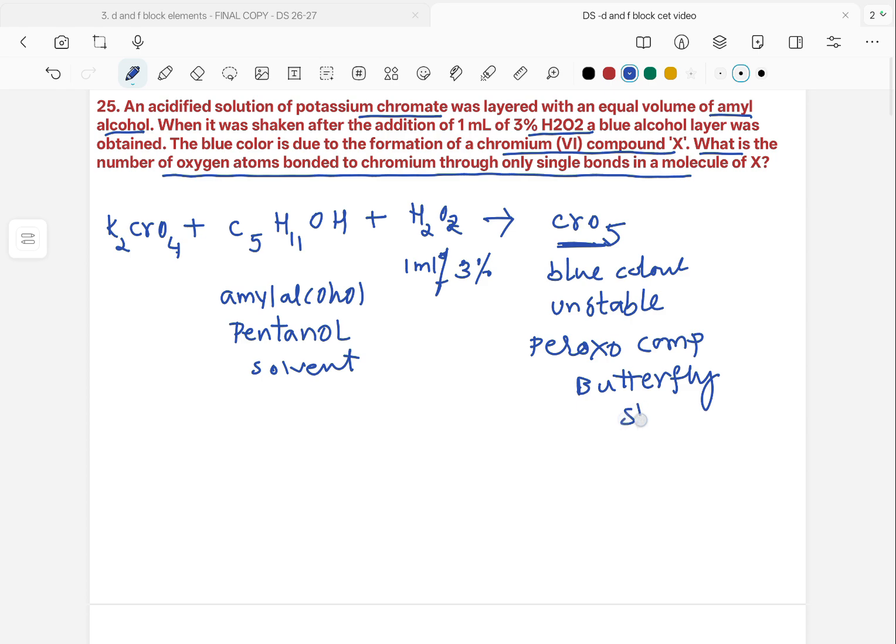Cr will bond with one oxygen with a double bond and 4 oxygens will bond to chromium with single bonds like that, and these oxygens are involved in peroxide bonds this way. So we call it a peroxide here, and here chromium is linked with 1, 2, 3, 4 oxygens by single bonds. So the question is only about single bonds. So our answer will be 4. This is the answer.